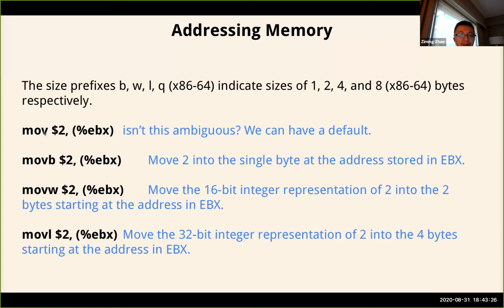Maybe the default one is L, but we can specify something more accurate. For example, if we do movb to EBX, then we are moving only 1 single byte. If we use W, we are moving 2 bytes. If we use L here, this one is actually 4 bytes. So if you see something like this, don't be surprised.